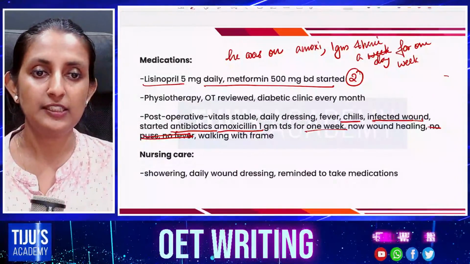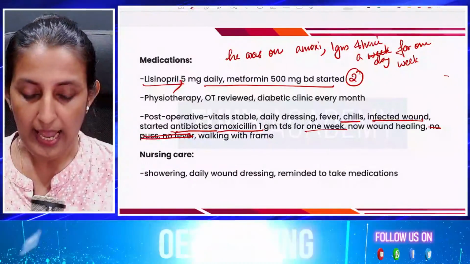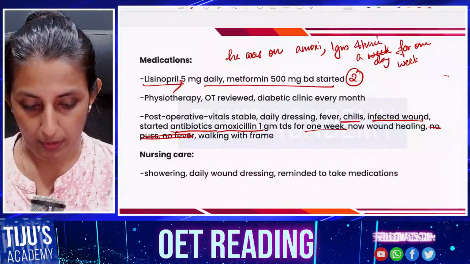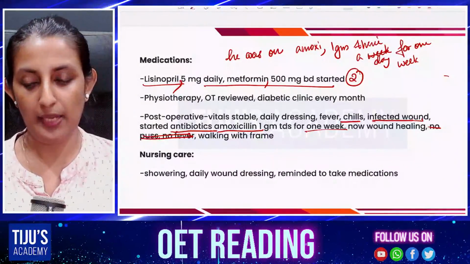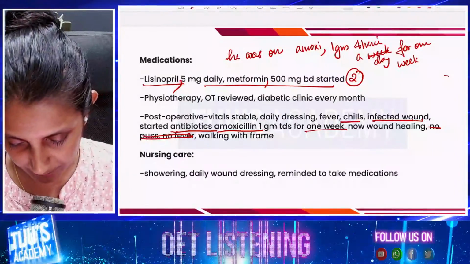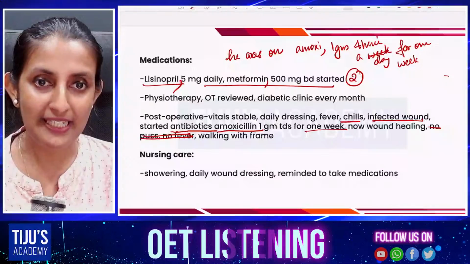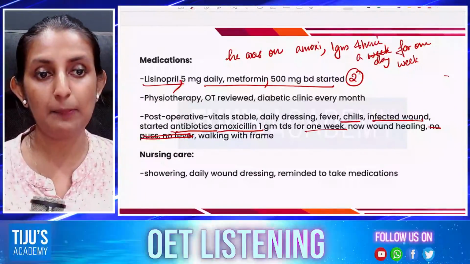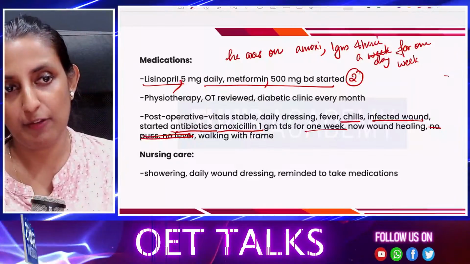So he was commenced on lisinopril 5 mg daily and metformin 500 mg twice a day. ഇതൊന്നും അയാൾക്ക് എന്ത് ചെയ്തു? സ്റ്റാർട്ട് ചെയ്തു. ഓക്കെ, സോ വി മെൻഷൻഡ് അബൌട്ട് ദി മെഡിക്കൽ മാനേജ്മെൻറ്റ്. മെഡിക്കലി മാനേജ് ചെയ്ത കാര്യങ്ങളെല്ലാം പറഞ്ഞു. അമോക്സിലിൻ പറഞ്ഞു, ലിസ്നോപ്രിൽ പറഞ്ഞു, മെറ്റ്ഫോമിൻ പറഞ്ഞു.